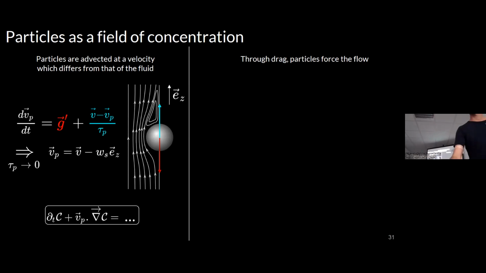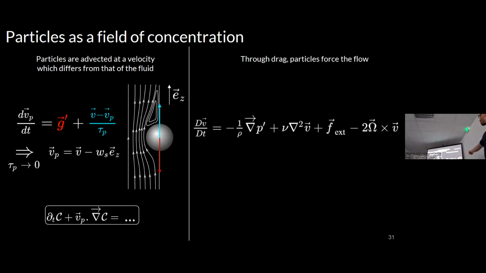The second ingredient is the fact that particles are creating the flow from the very start. It's two-way coupling, so they need to force the flow in the Navier-Stokes equation. You just have the Coriolis term if you want to take into account rotation, and the forcing is going to be this external term.